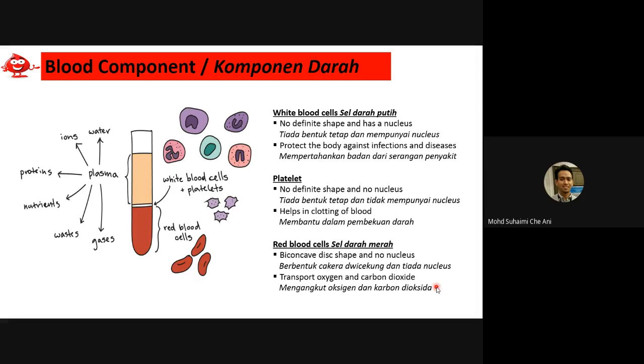In the case of bacteria, the antibody will attach to the bacteria and make the bacteria cannot move, and then it's easier for the white blood cells to eat them. Okay, white blood cell is a cell, while antibody is a protein.